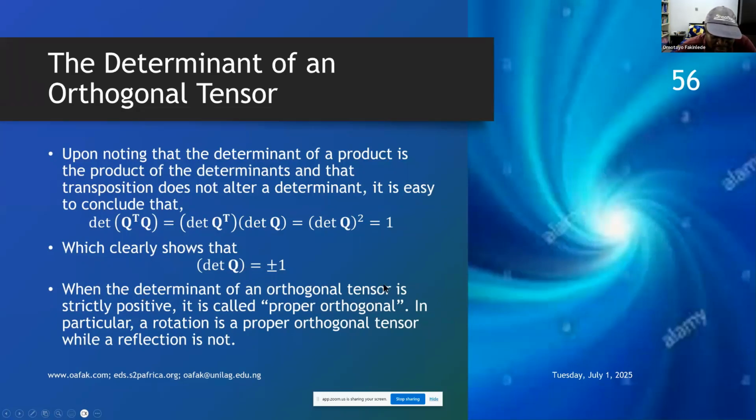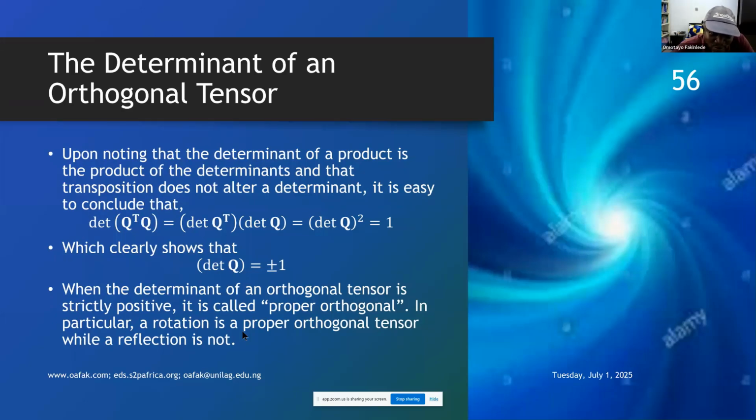When the determinant of an orthogonal tensor is strictly positive, it is said to be proper orthogonal. In particular, a rotation is a proper orthogonal tensor, while a reflection is not. So let us digest that. If the determinant of a tensor is +1, it's an orthogonal tensor.